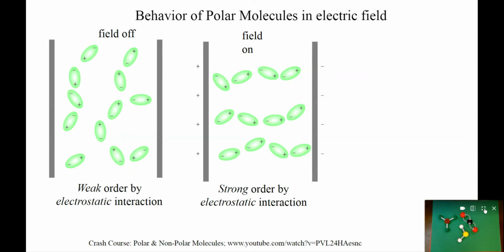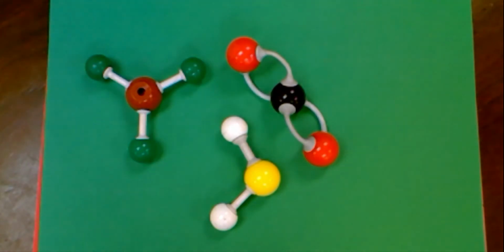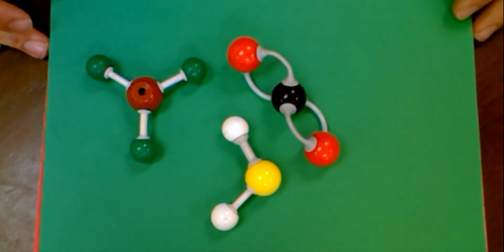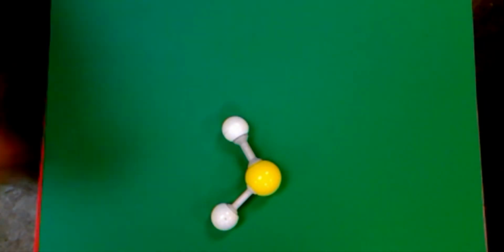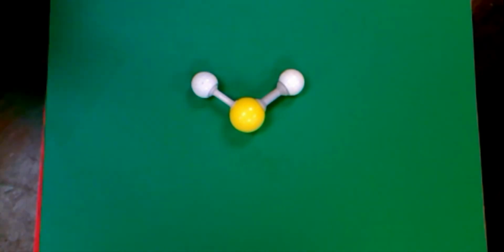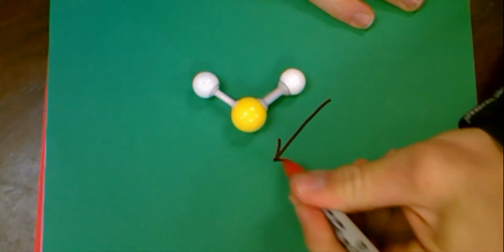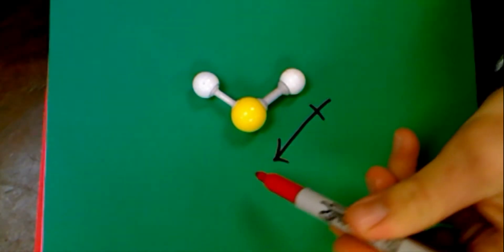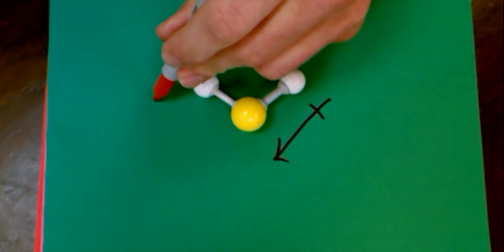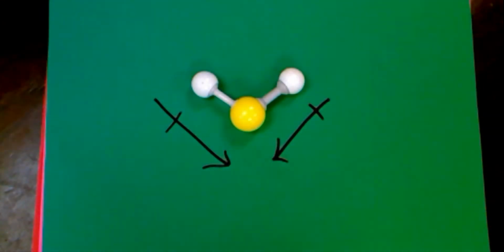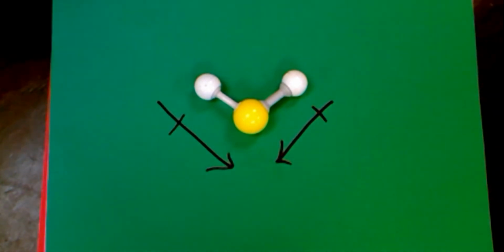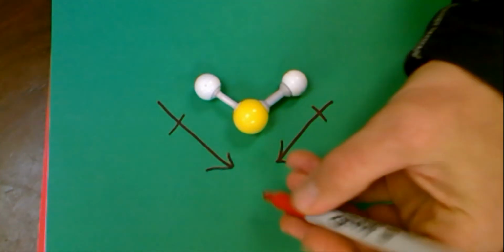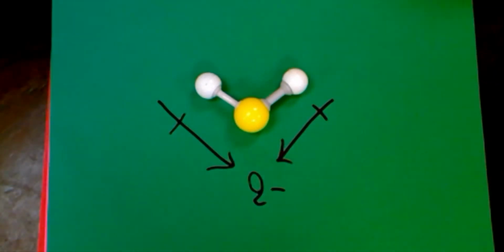So again, to talk about how to tell if it's polar or not, here I have these lovely molecules. And the first thing we said we need is a polar bond. And so here we have hydrogen bonded to sulfur. And sulfur is a more electronegative atom. And so with that, we could draw a dipole moment showing electron density being pulled to this half of the atom. And there is also a dipole moment for that bond. And so overall, with these two polar bonds both pointing towards this direction, we say it has a partial negative side.